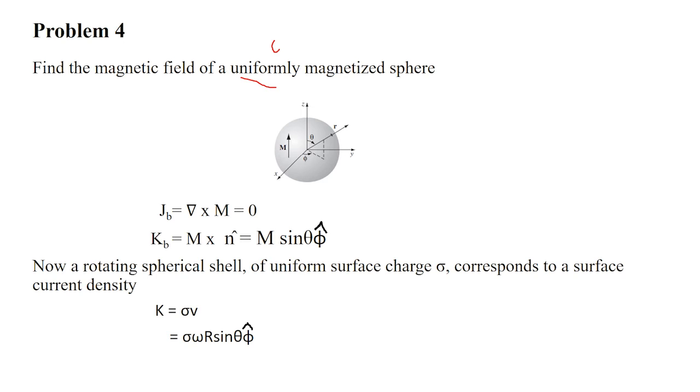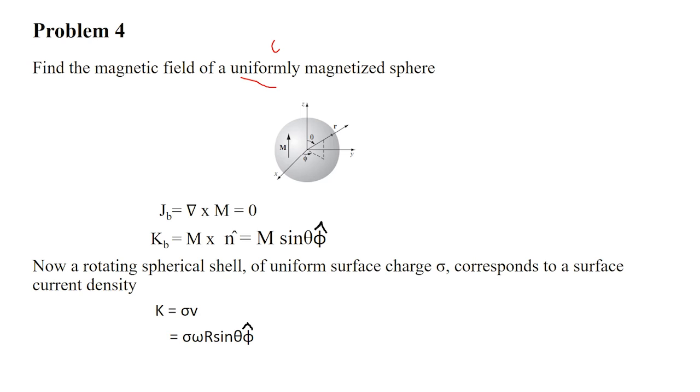First, we have to find the volume current, gradient cross M, which is 0, since the volume current inside will be 0.